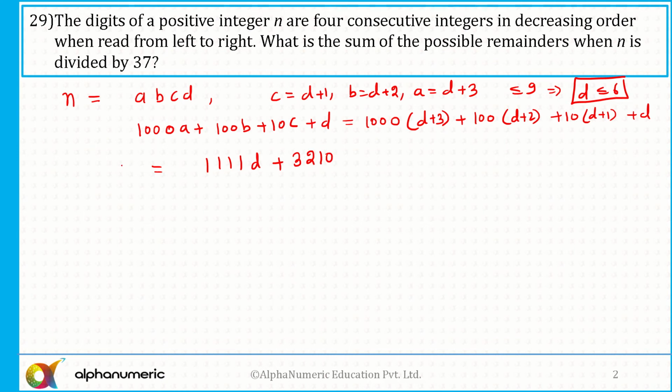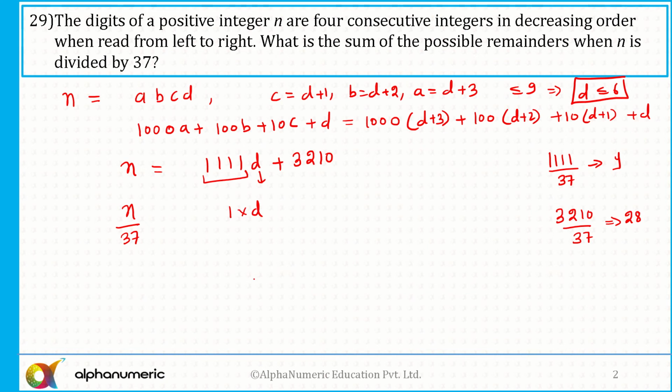This is the value of n, and now we need to divide this expression by 37. If we divide by 37, 4D, when divided by 37, leaves a remainder of 4D... Simply divide 3210 by 37 by the usual method and you'll get the remainder 28. So when n is divided by 37, the D term leaves a remainder D, as D is a single digit number and lesser than 37, plus 3210 leaves a remainder 28.